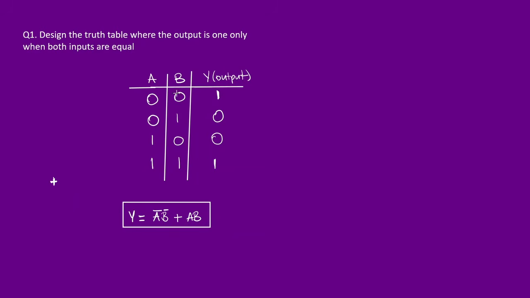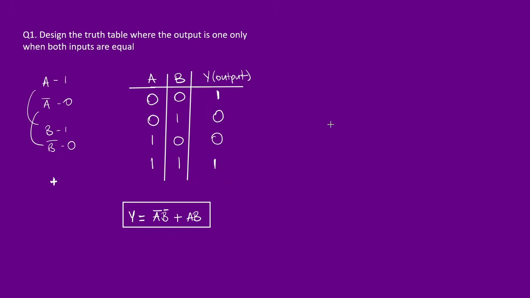You only care about the rows where your output is high, which are 1 and 2. And then you go about writing the cases. Given A is 1, then not A is 0. Same thing goes. If B is 1, not B is also 0. So we get to doing that. This is 0, this is 0, so that's not A, not B. This is high, so that's A and B.